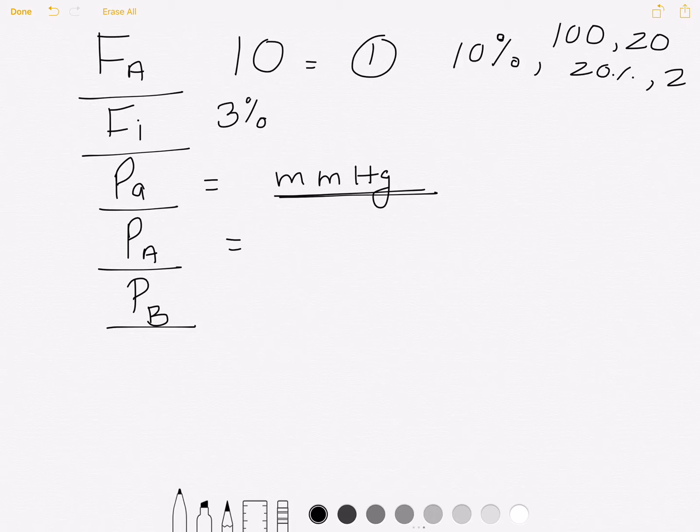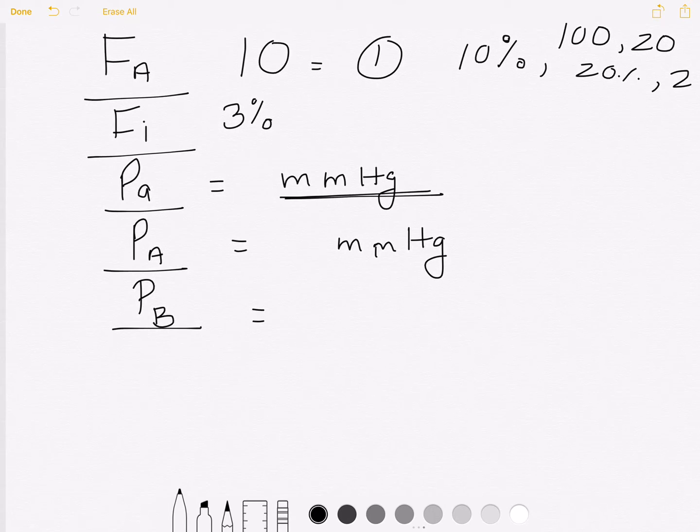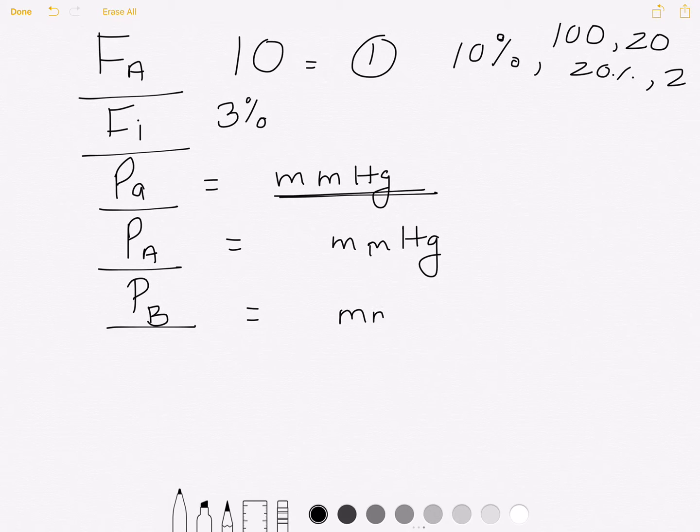What is P capital A? That's the partial pressure of anesthetic in your alveoli. That is also expressed in the same units as pressure, that is millimeter of mercury. And then what is PB? That's the partial pressure of anesthetic in the brain. That's also pressure, so obviously it will be expressed in the same units, millimeters of mercury.